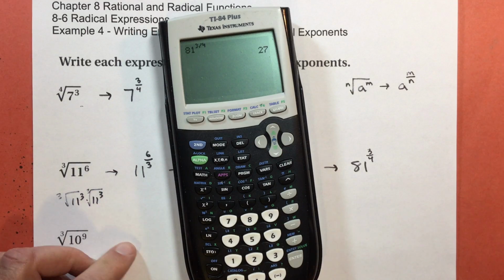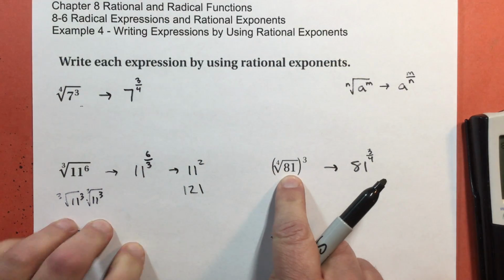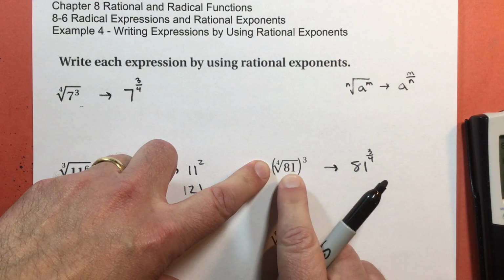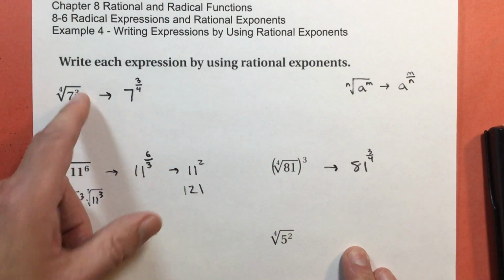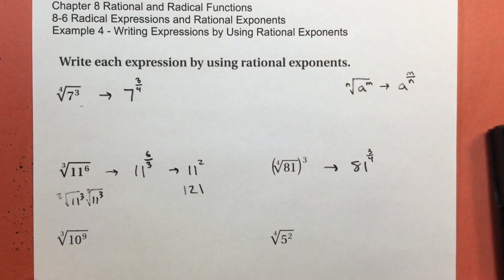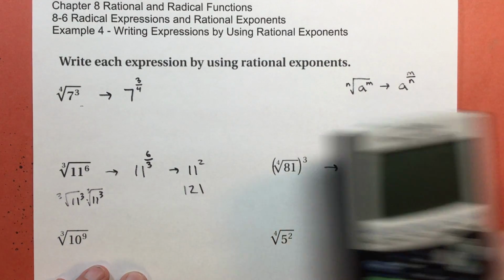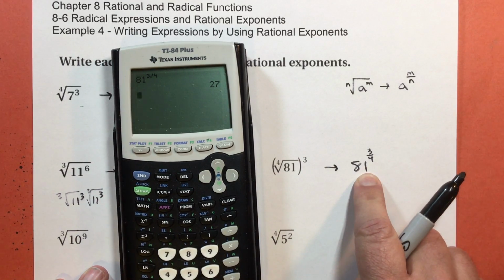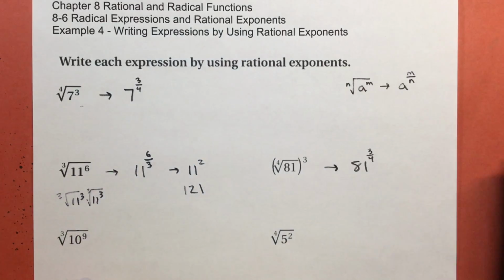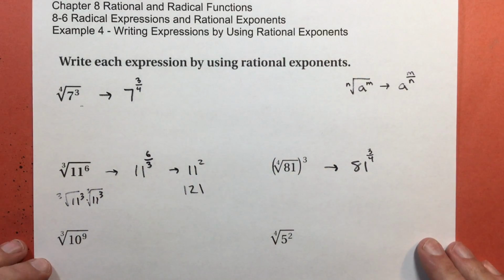Why? Because the 4th root of 81 is just 3, and I have 3 to the 3rd power, which is 27. But our directions are just to write it using rational exponents. I know that if I reason my way through this, I'm going to get 27, and if I write it with a rational exponent, I'm going to get 27. So I'm using that to show you that, yeah, this is a real thing.